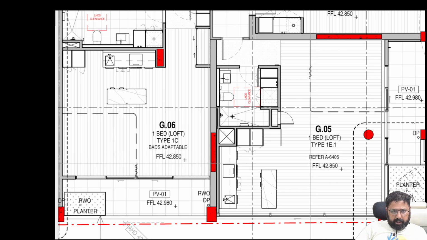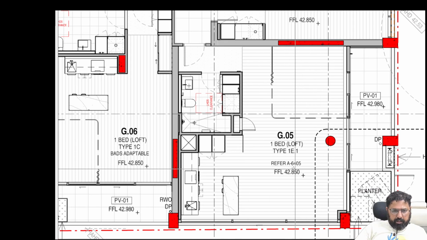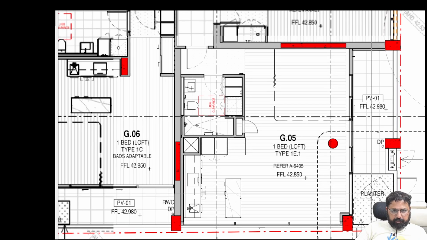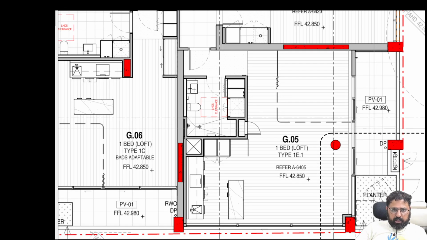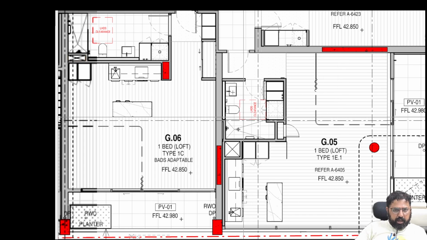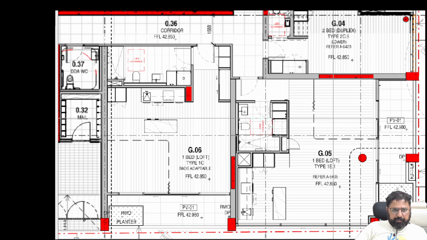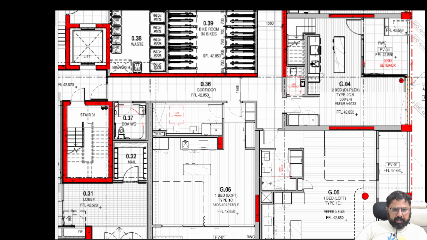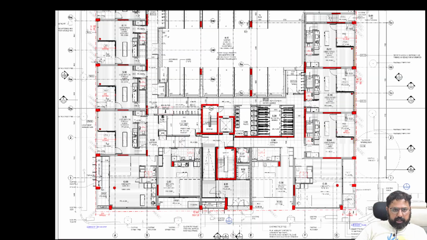You have the kitchen over here, here is a planter, here is a small balcony type, here is your wet area, here is your bedroom, and this is the common corridor area.